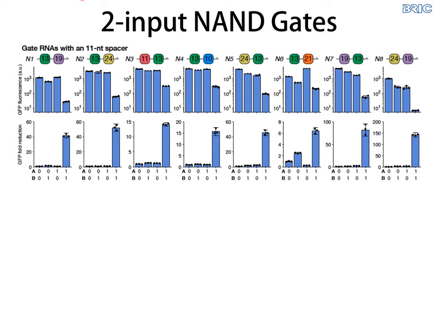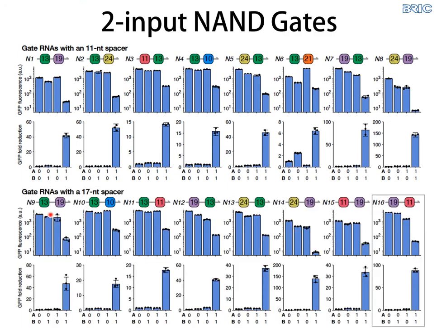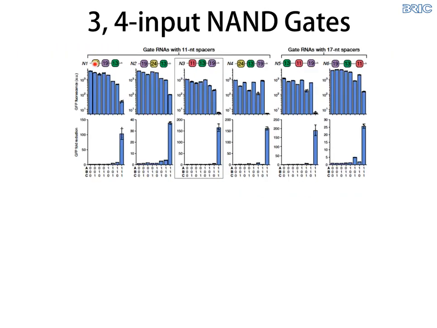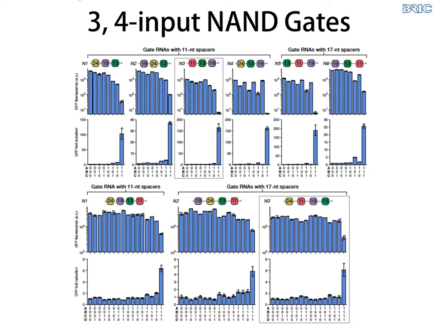So we could easily swap those elements. We also have different combinations, and this is the one that we show as a main figure. Similarly for the three-input and four-input NAND gates, you can have a different ordering without worrying too much about the performance. Sometimes it's not as good as shown here, but in most cases it was pretty good even when we swap the orders.